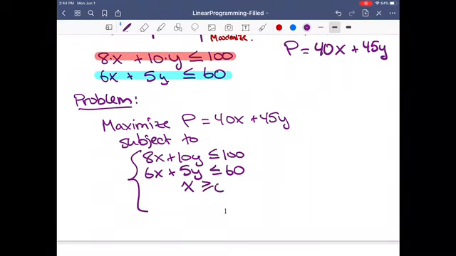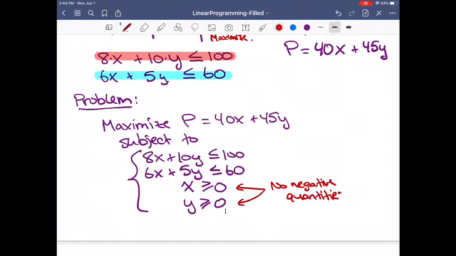So the number of kegs has to be at least 0 for each. So we have these extra conditions here. These are for no negative quantities. Okay, this often occurs in these word problems, so you want to watch for that.